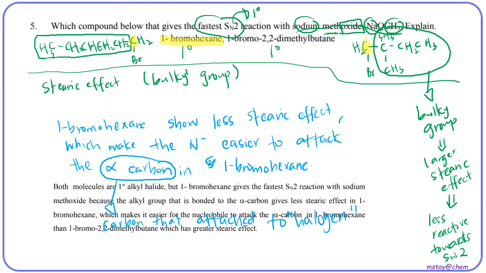If you see the word attack, it means that we have to attack from the back. So the bulky group will hide the alpha carbon. In other words, the alpha carbon is hidden, so it is difficult to attack the alpha carbon.